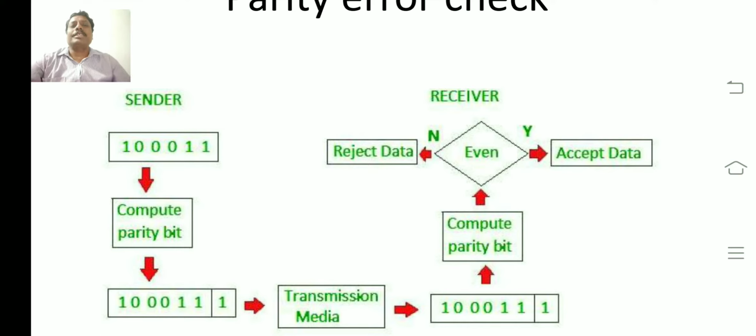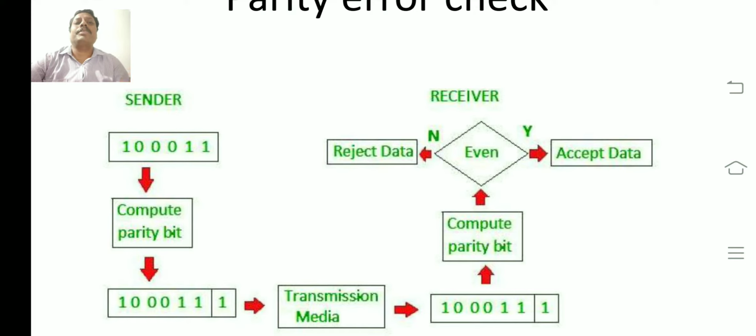Here we have considered even parity. So, 1 is added because in the data we have 3 ones, and 3 is odd. To make the number of ones even, the parity bit will be 1. If you count the number of ones including data and parity, it becomes even.